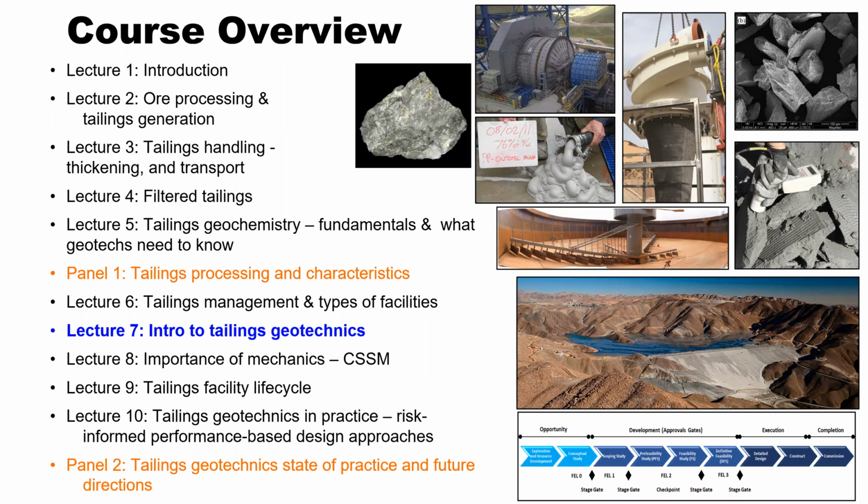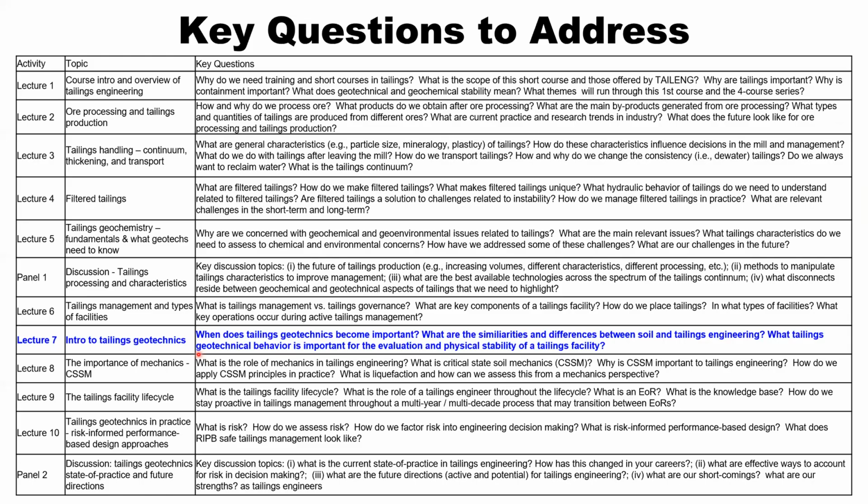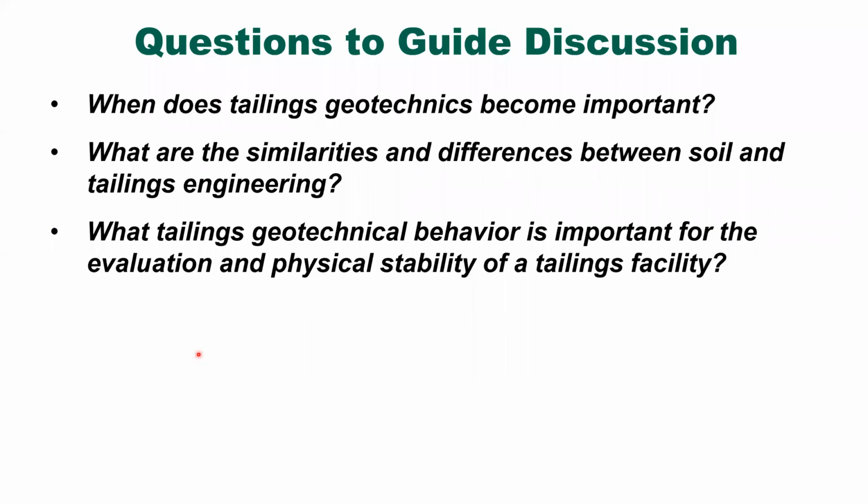What I do want to highlight here is that each of these lectures, hopefully, has been addressing some key questions. I know this is very small, so I blew up the questions related to topic 7. When does tailings geotechnics become important? And what are the similarities and differences between soil and tailings engineering?